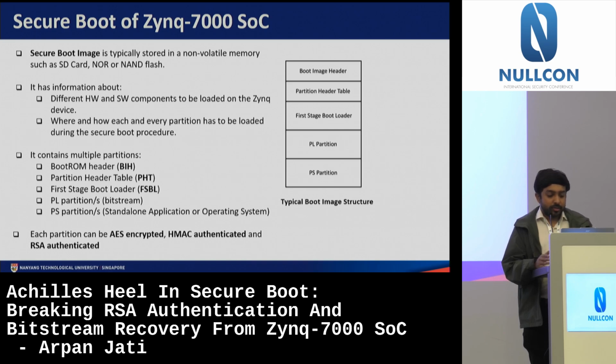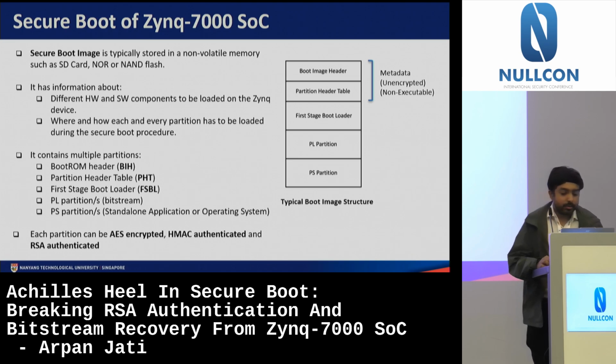All of these partitions can be encrypted and authenticated using HMAC or RSA. In our case, we are assuming that RSA authentication is used, because the other cases are kind of broken. Xilinx actually acknowledged that they are broken in some ways. There are techniques, but we show that even RSA is broken.